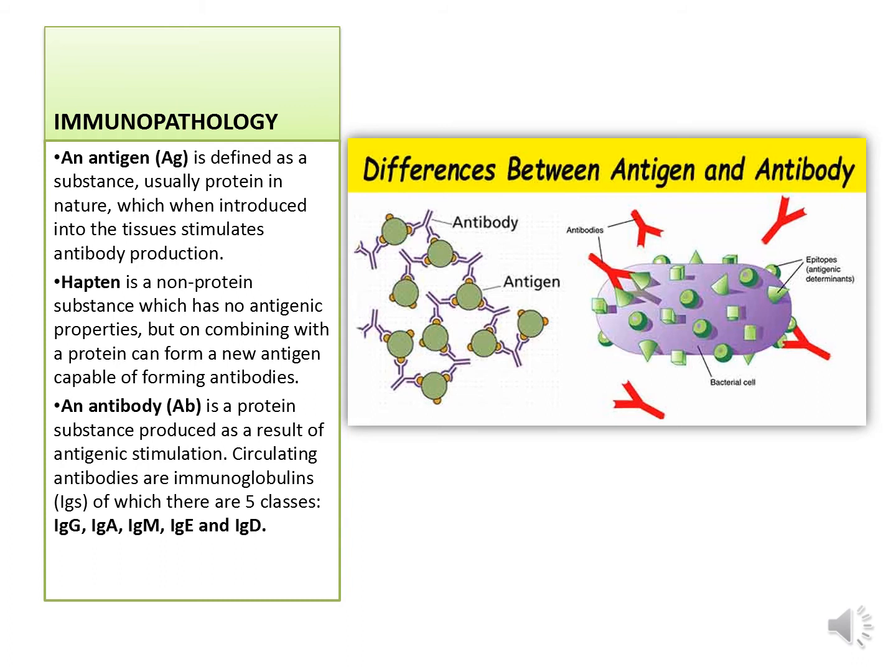Circulating antibodies are immunoglobulins, of which there are 5 classes: immunoglobulin G, A, M, E, and D.